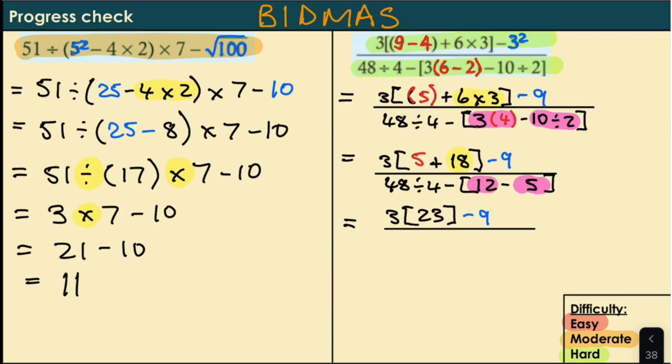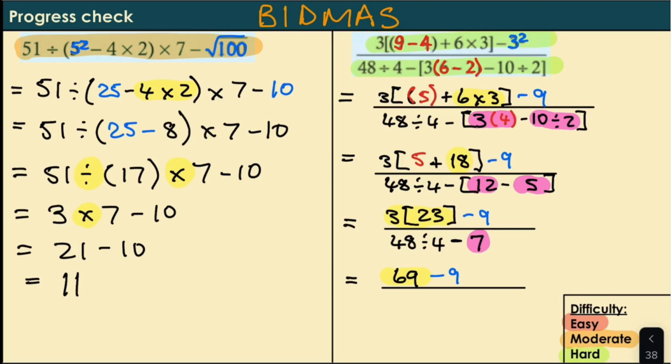On the bottom, I have my 48 divided by 4 minus, what is 12 subtract 5? That is 7. On the top line, I need to multiply first. So I multiply the 3 by the 23. That will be 69. And I still need to subtract 9.